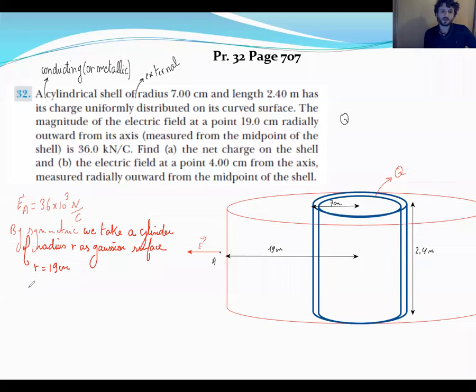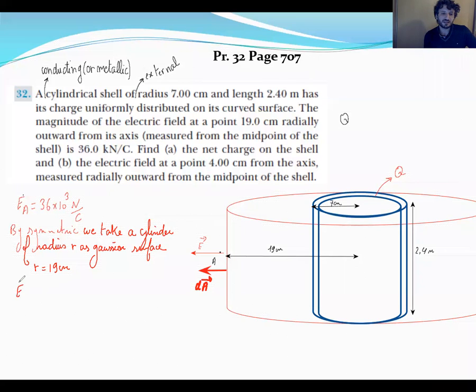We have to write the conditions. First of all, dA is the normal on the lateral side. Here we have dA, and here we have the field at point A. Also, it's outward.